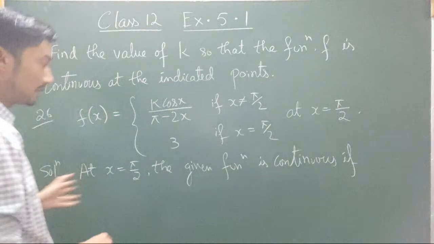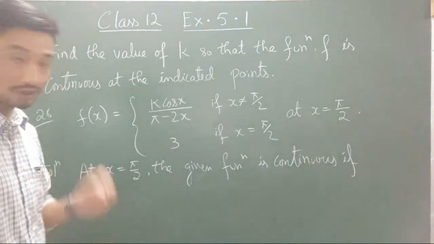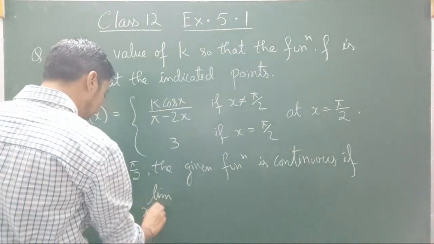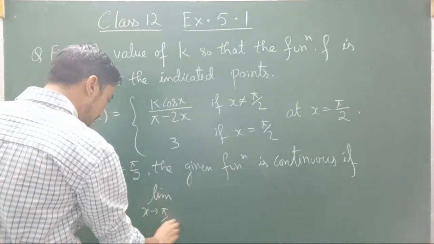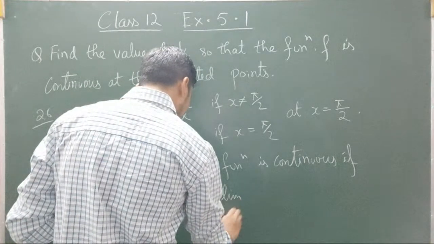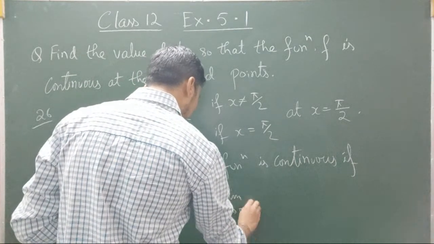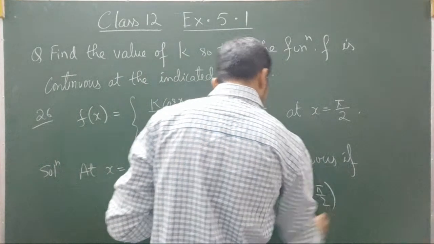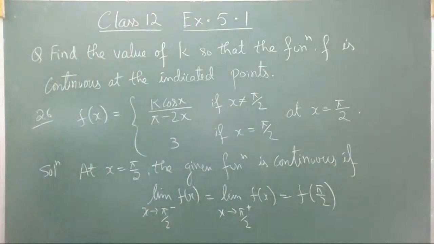So at x equal to pi by 2, the given function is continuous only if the left hand limit, that is x tends to pi by 2 minus f of x, is equal to the right hand limit, that is slightly greater than pi by 2 for the function, is equal to the value of the function at x equal to pi by 2. Then only we can say that the given function is continuous. So we have to fulfill this particular condition, then we can proceed and find the value of k.